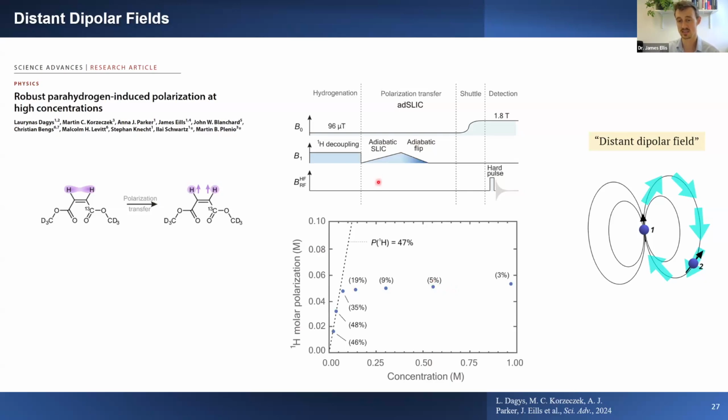So our SLIC sequences, for example, get messed up. In this paper, a solution to this problem is shown based on dipolar decoupling. I didn't have time to go through that in this talk. But this is a very real problem that you encounter when you have these large distant dipolar fields. It actually limits the polarization because you get these large line shifts that affect the pulses that you're trying to apply.